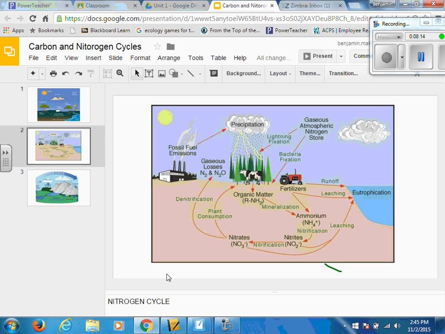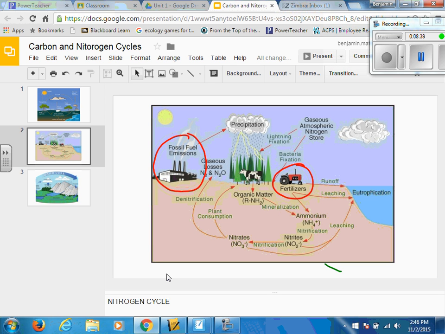What have humans done? And so you can look and say, oh, that was built by humans. Oh, that's run by humans. So we have fossil fuel emissions. Fossil fuel emissions lead to acid rain. And we have fertilizers that lead to eutrophication. Those are the two major impacts we have on the nitrogen cycle.